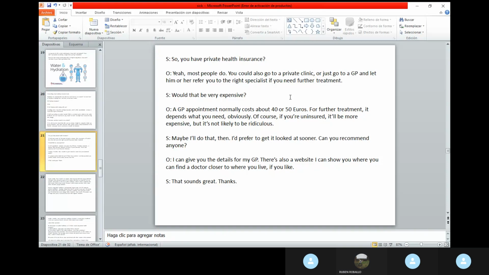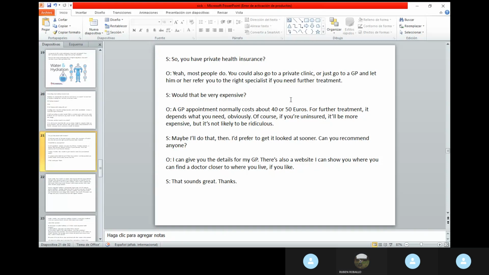Maybe I'll do that. Will that be very expensive? A GP appointment normally costs about 45 or 50 euros. For further treatment, it depends on what you need. Of course, if you're not sure, it can be more expensive, but it's not likely to be ridiculous.